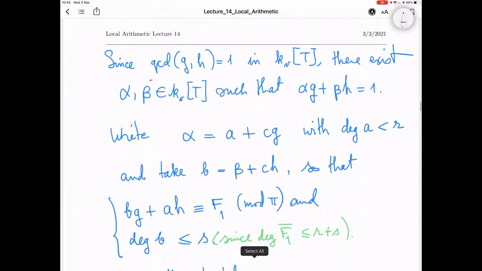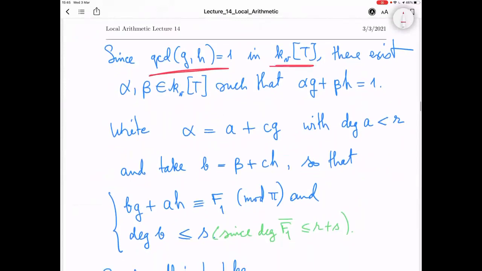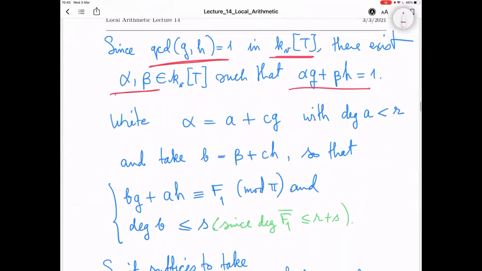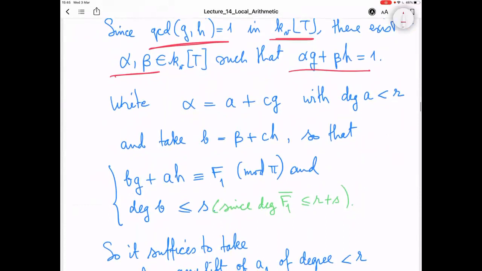So we know that the GCD of G and H is 1 in this ring KVT. So there exist alpha and beta such that alpha G plus beta H is equal to 1. Now write alpha as A plus C times G. This A is the remainder, and this C is the quotient.